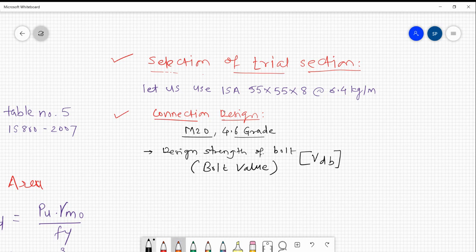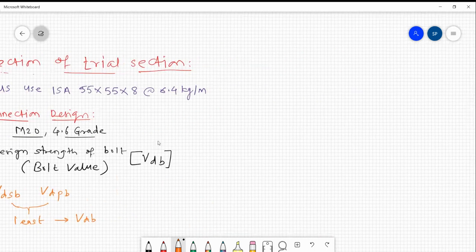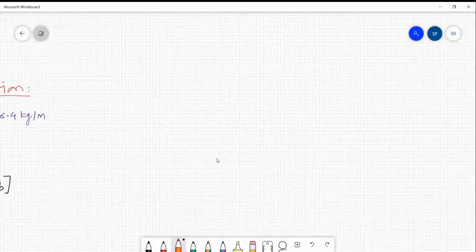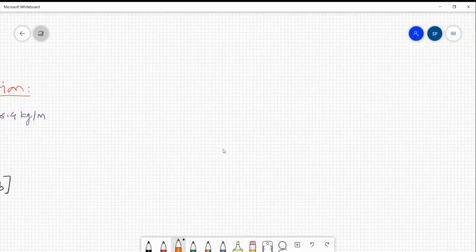To calculate this value, you will have to calculate VDSB, that is design shear strength of bolt, and VDPB, that is design bearing capacity of bolt. Out of these two, whichever is least will be taken as VDB, that is bolt value or design strength of bolt. So first we will have to calculate VDSB and VDPB. So let us calculate VDSB first.